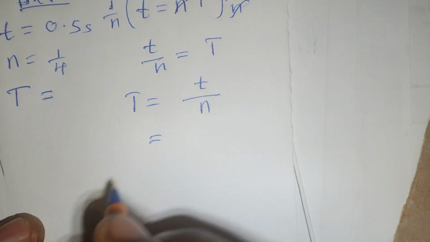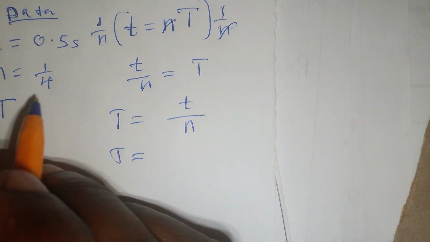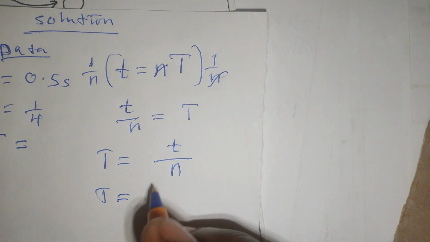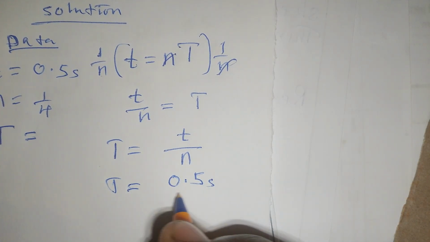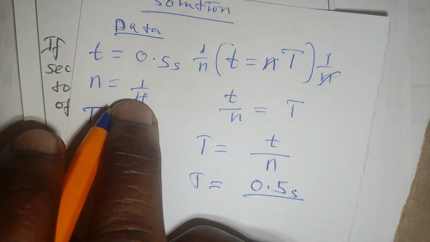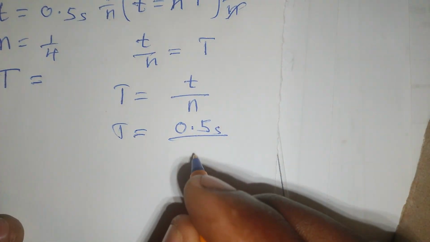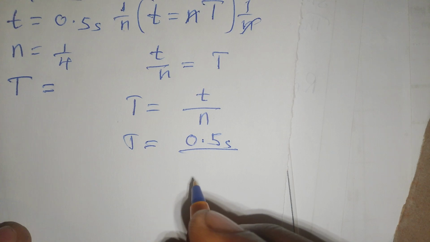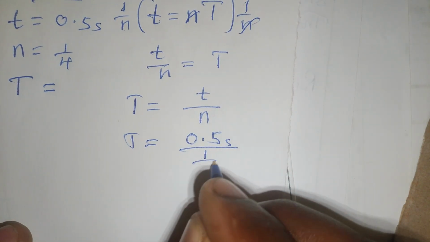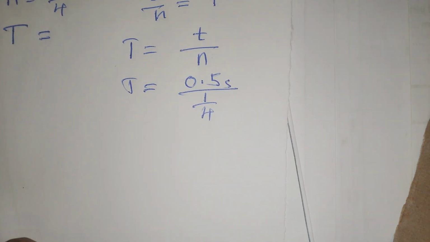So our time is 0.5 seconds. Period is equal to 0.5 seconds over the number of oscillation N, which on the data is 1/4.